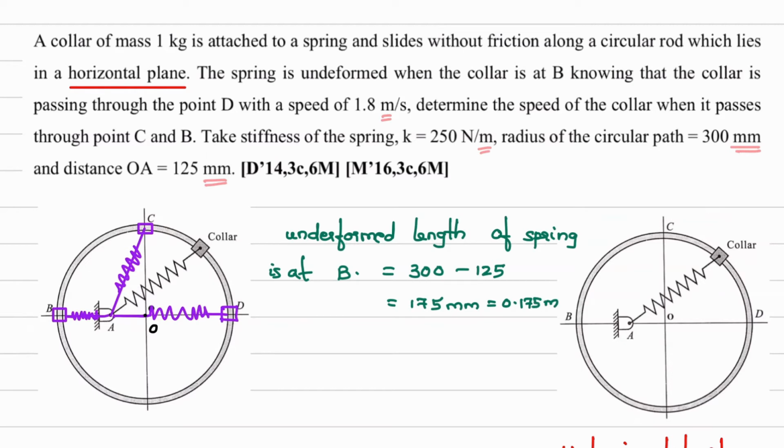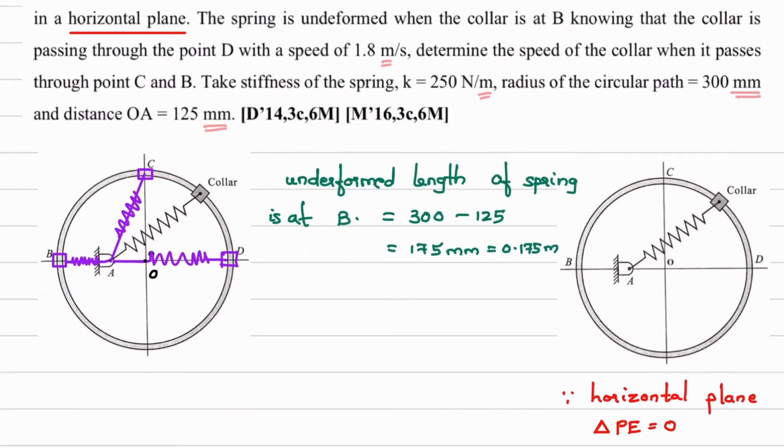Now next we will calculate what is the deformation of spring at C. What will be this value? It will be equal to, okay, we have to find this length AC.